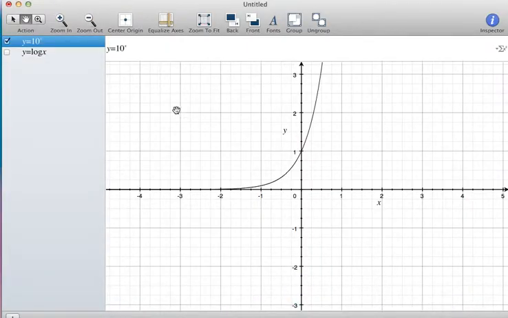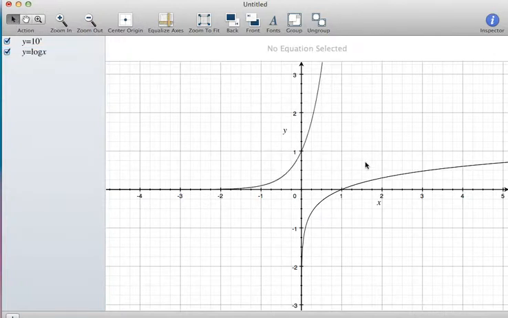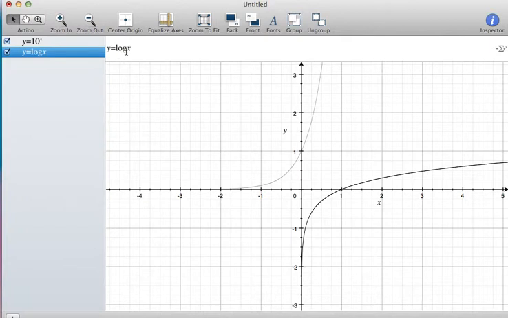Here I have graphed y is equal to 10 to the x. This is an exponential. Now I'm going to show you y is equal to log x, or log base 10 of x. This program, Grapher, automatically assumes, because I didn't put in a base, that it's base 10.